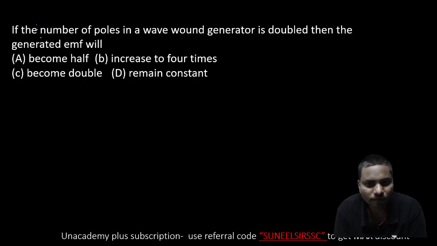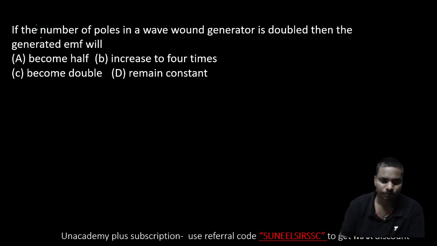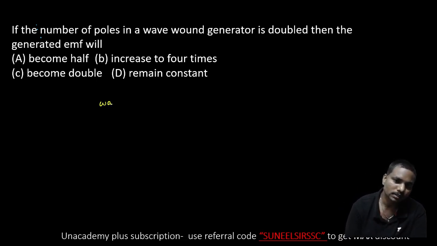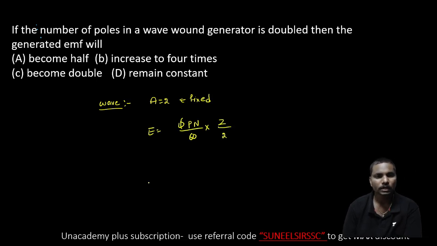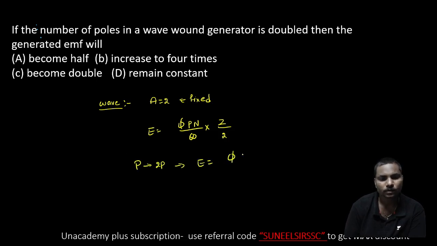If the number of poles in a wave-wound DC generator is doubled, then the generated EMF will be dash. In the case of wave winding, the number of parallel paths is fixed at 2. EMF is equal to phi P N by 60 into Z by A, where A is nothing but 2. Here the number of poles is doubled. So the EMF becomes 2P into N by 60 into Z by 2.